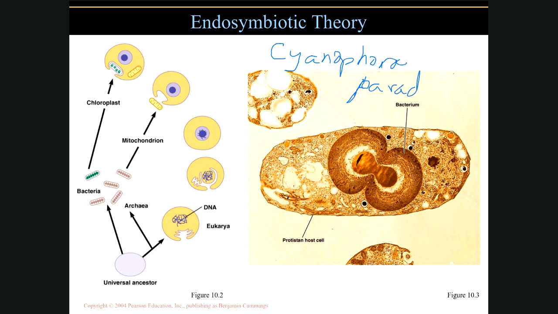Because it's a paradox. You have a eukaryote with a prokaryote living inside of it. And it happens to be dividing right now. But this is a real life organism that exists today. And this may represent what happened, countless eons ago, where one cell swallowed another. And that led to the formation of mitochondria and chloroplasts.